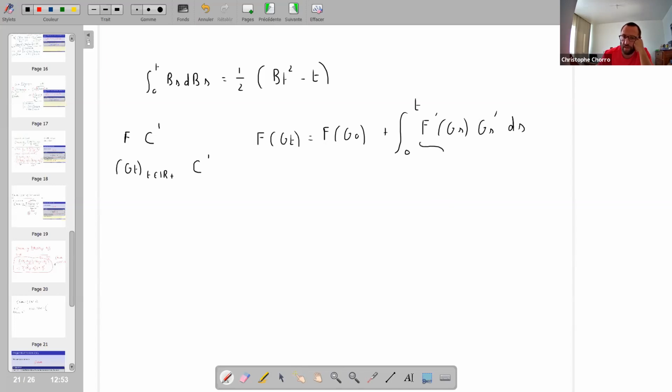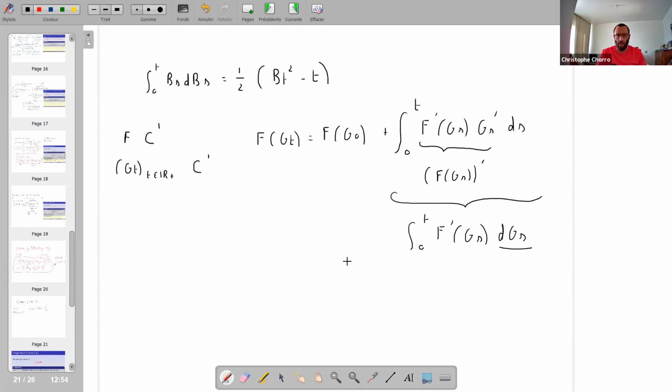Of course, I have this because it's just the derivative of this expression, okay? And the integral of the derivative gives me the difference between t and 0 for this mapping. And this integral is something that in classical analysis I can denote by the integral between 0 and t of F prime of G_s, d of G_s, because here my G is regular. So this is a classical formula that you use every time in classical analysis.